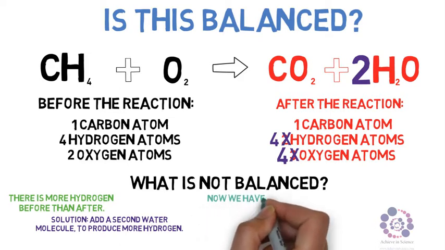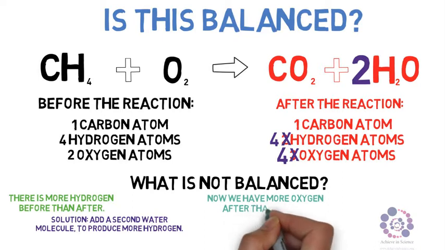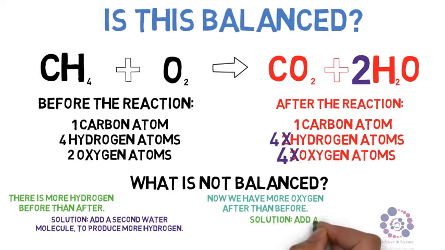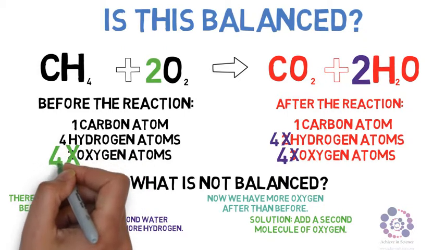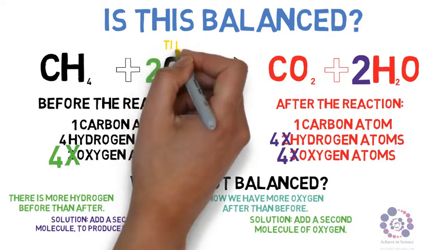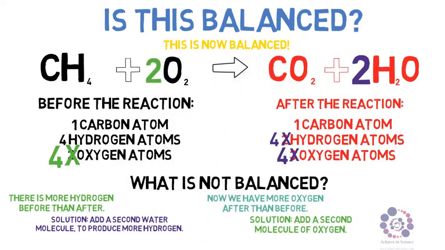So now we have balanced the carbons, we have balanced the hydrogens, but now we find that the oxygens are not balanced, as we have more oxygen after than we have before. So the solution is we need to create more oxygen, therefore we add another oxygen molecule. If we now correct this, we now find that there are 4 oxygen atoms before and now 4 oxygen atoms after. So now everything is balanced, and we say that this is a balanced symbol equation.